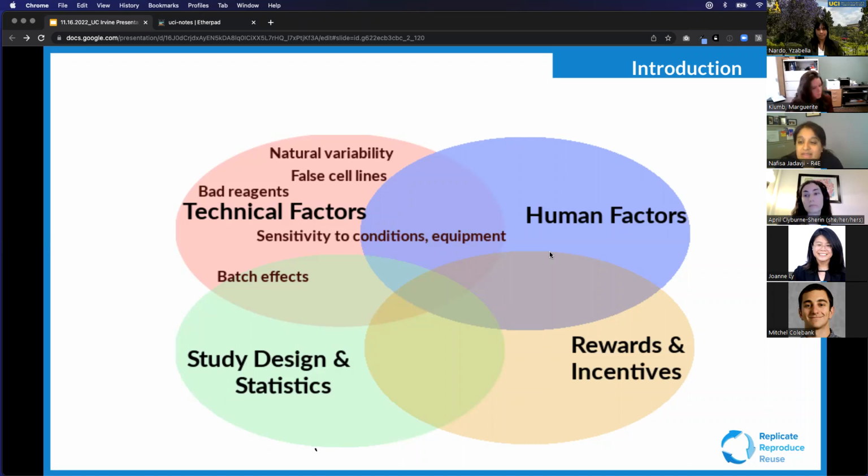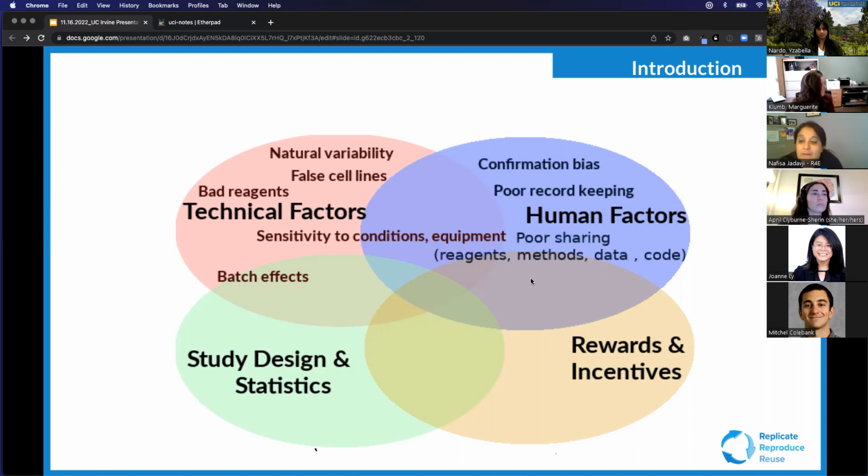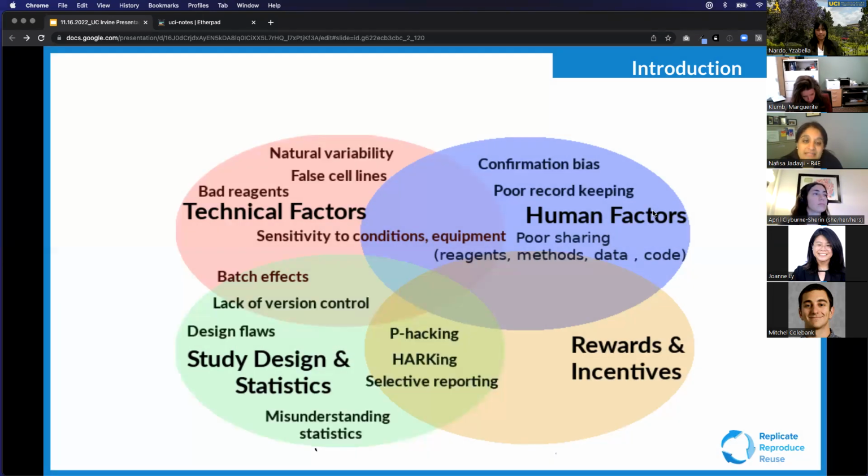And then if we look at the next slide, in terms of human factors, there are a number of different subcomponents that play an important role in decreasing reproducibility: record keeping, data sharing or sharing of materials, reagents, methods, code. The next slide looks at study design and statistics, and you can see we have things like p-hacking, HARKing, selective reporting, and these overlap with the other factors as well.